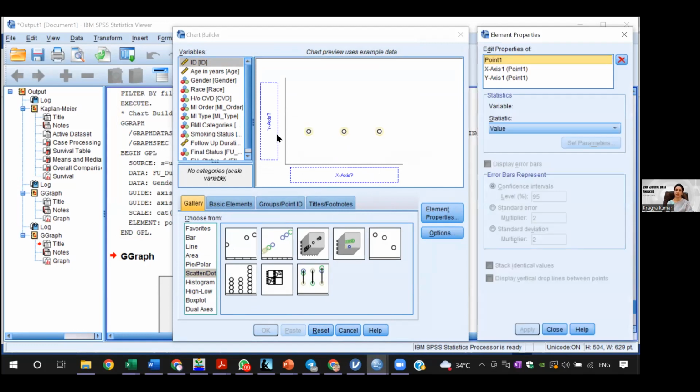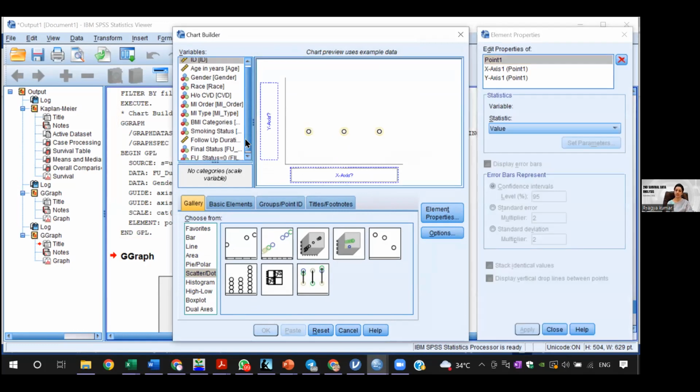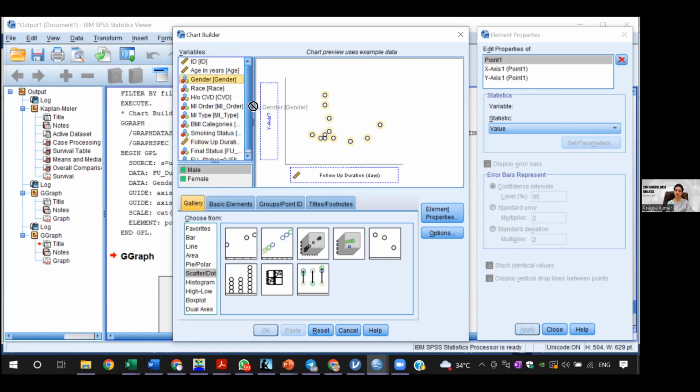So now you can see the X and Y axis. On the X axis, it will be the follow-up duration. And on the Y axis, you have to take the categorical variable across which you have to plot the KM curve. My first question was to compare between the genders, so gender will come on the Y axis, until this outer border gets red, which means it has come up to this.